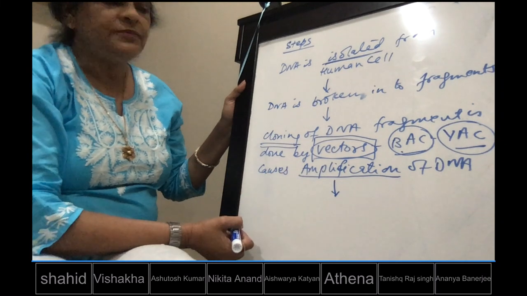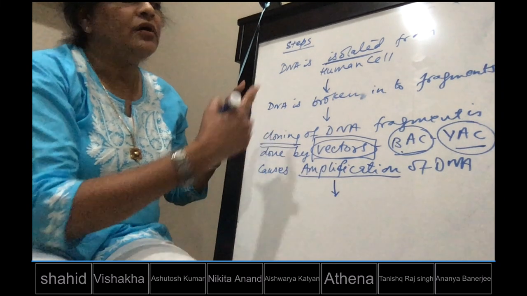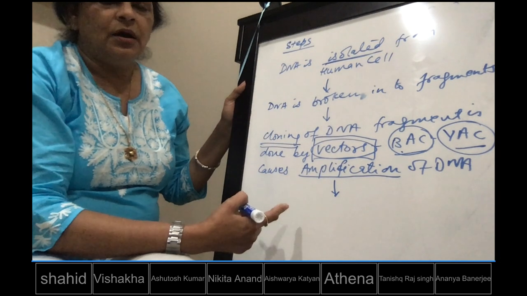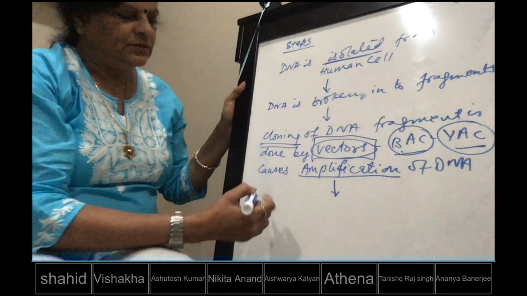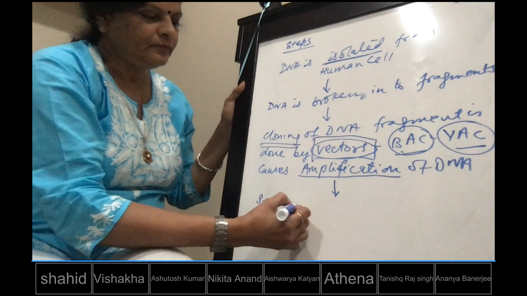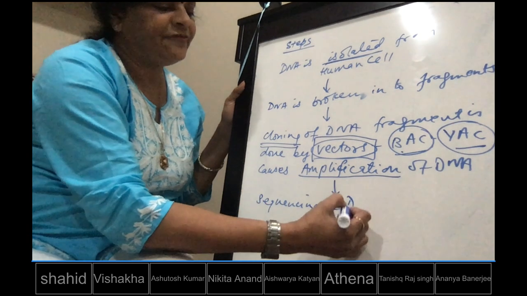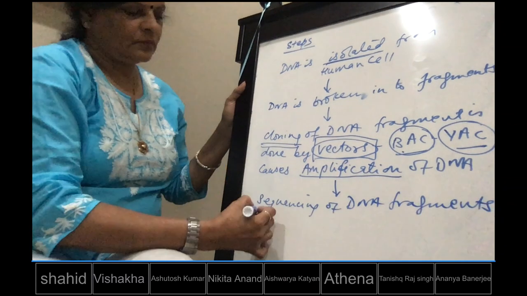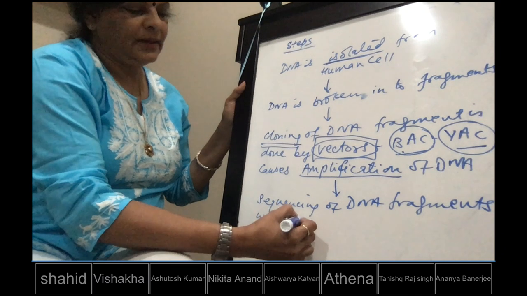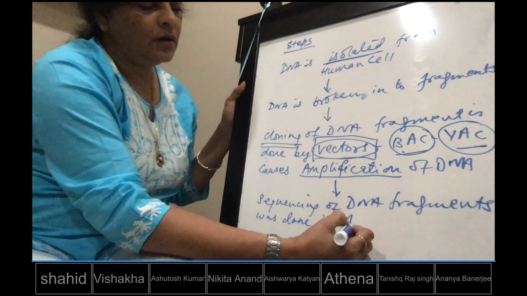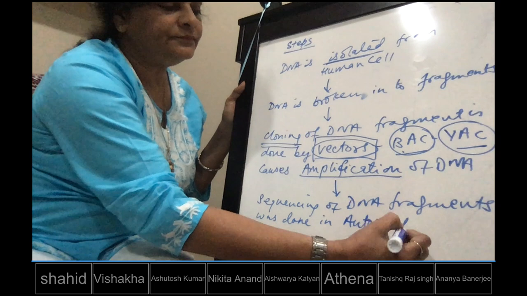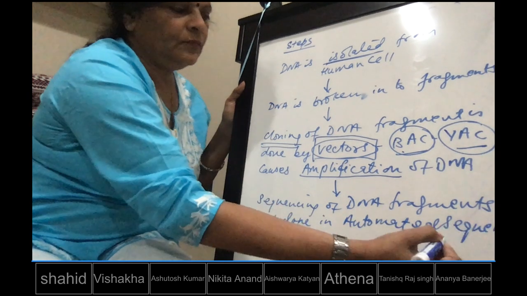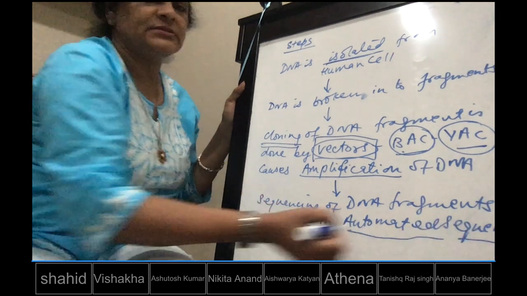Next one, what is the next step? Obviously DNA has sequence, so sequencing of DNA fragments was done in automated sequencers. Automated sequencers.